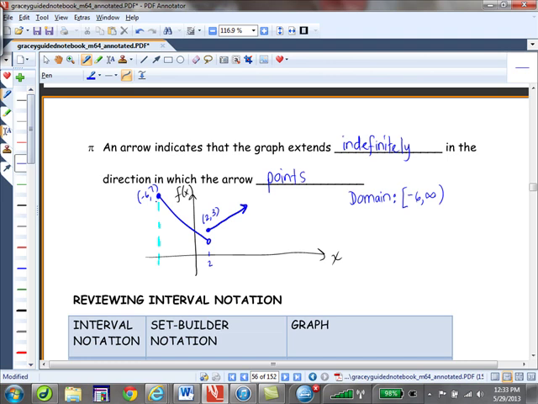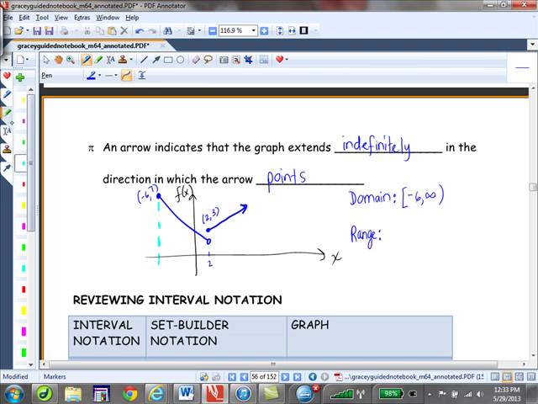Now, here, examining the range, you want to look at the lowest and the highest.